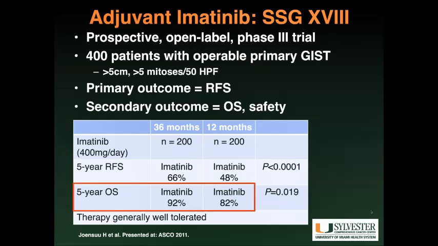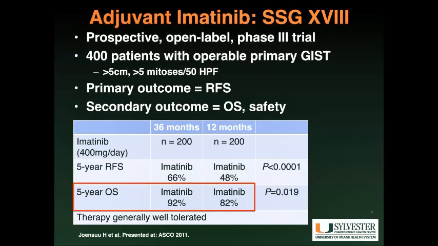The way we typically define high risk for recurrence is when a tumor is large, meaning bigger than 10 centimeters, or a tumor is aggressive with a high mitotic rate greater than 10 mitoses per 50 high power fields, or when a patient has a combination of greater than 5 centimeters and greater than or equal to 5 mitoses per 50 high power fields.